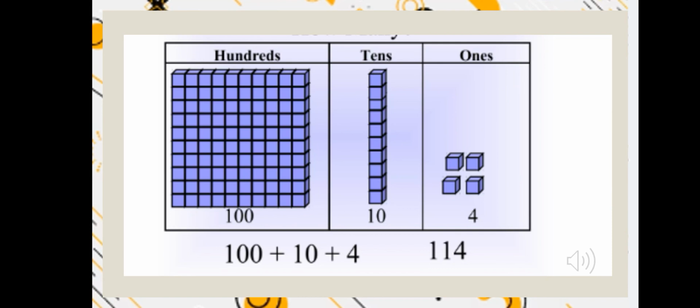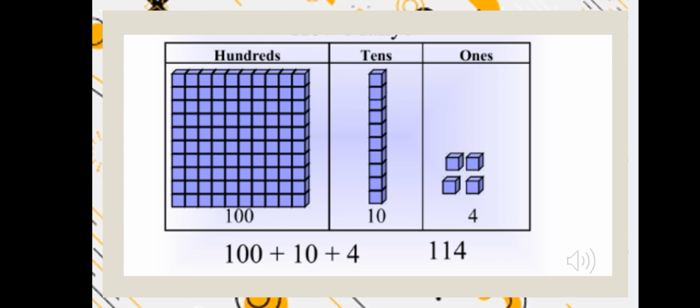Now let's see how we can find the value of a number with the help of place values and these blocks which you can easily see on your screen. Starting from your right, you can see that in the column of ones there are 4 small blocks. In the second column, named tens, you can see that there are 10 blocks.